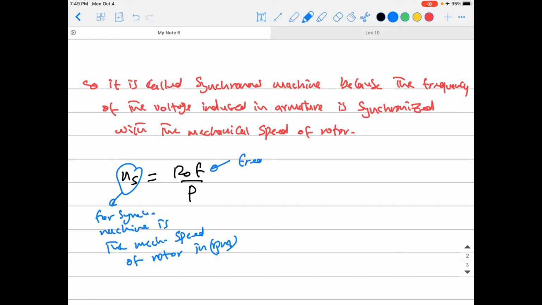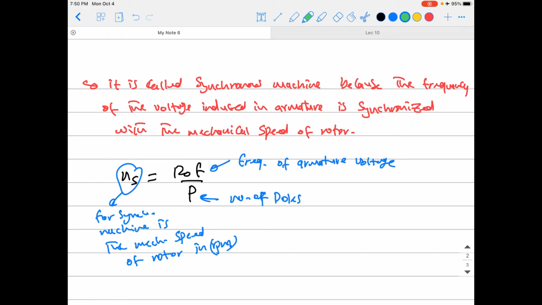F is the frequency of the armature voltage, and P again is the number of poles. Okay, guys, 120 is just a constant, and P, the number of poles, is typically constant. Most of the cases we'll be dealing with will have a constant number of poles because it's just how you build the machine.